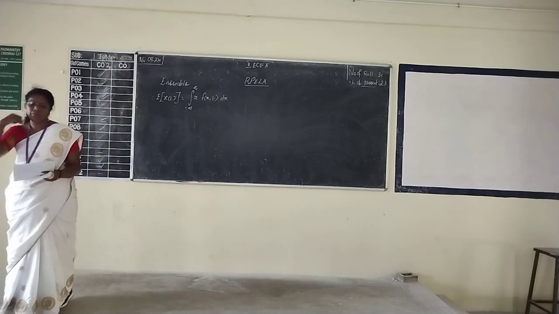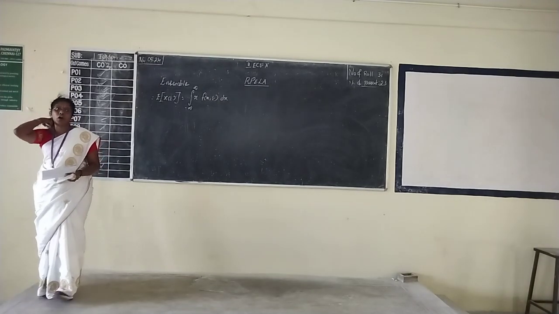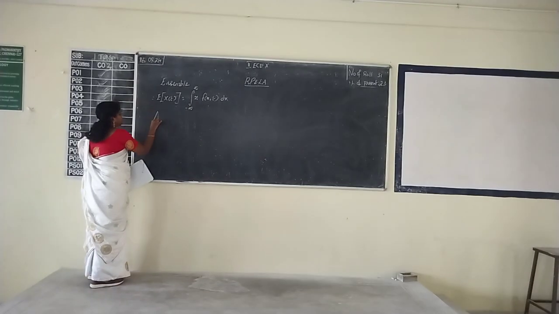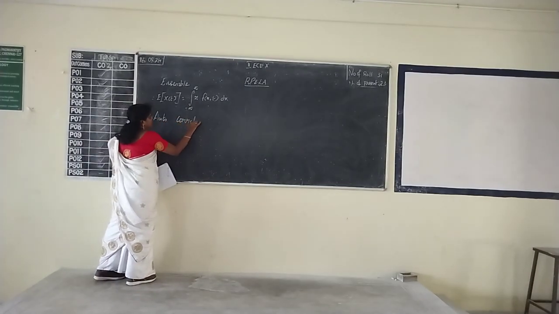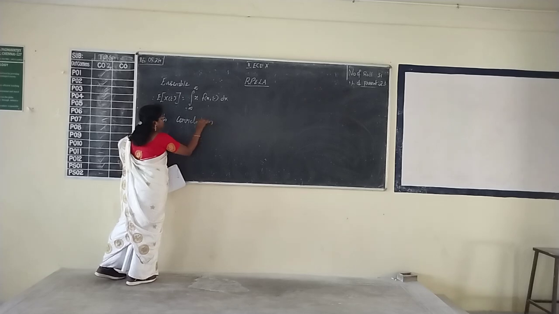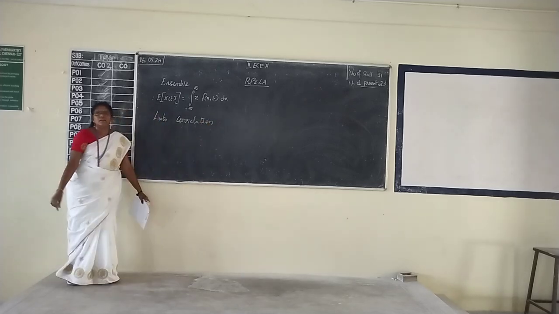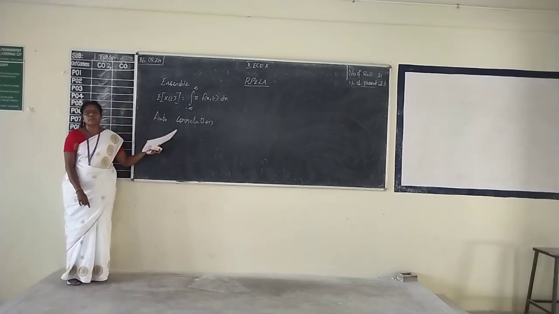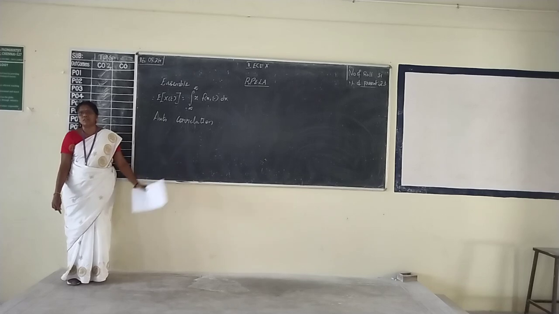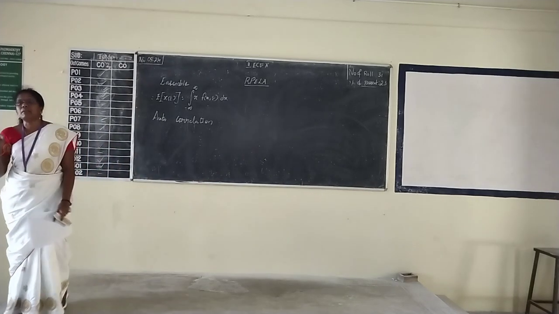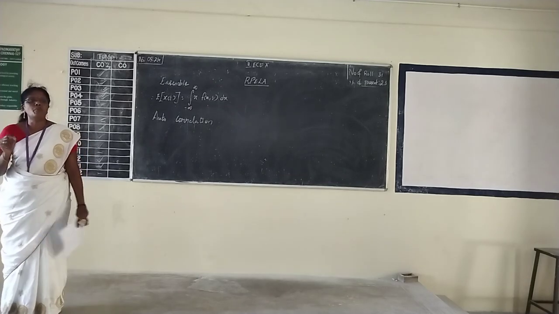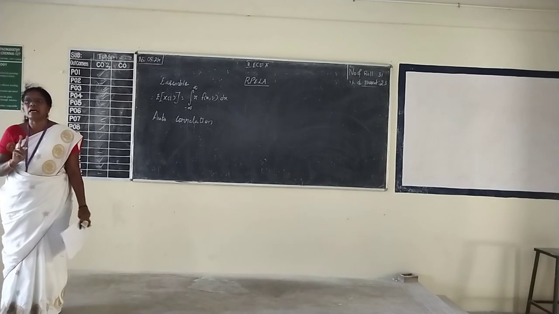Next one, autocorrelation function. This correlation concept was not included in the syllabus, so we have not discussed it. Correlation helps us identify how much two different sets of data are related.